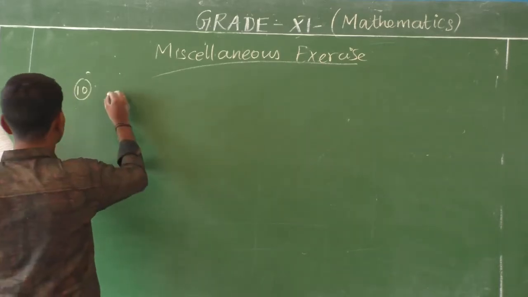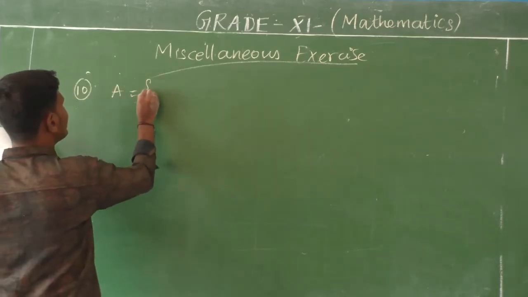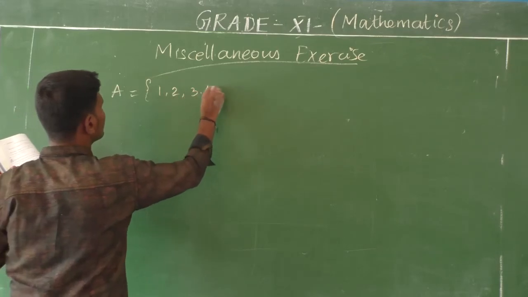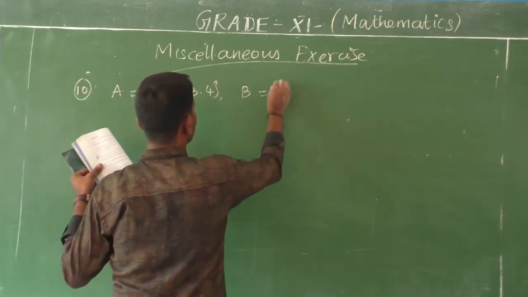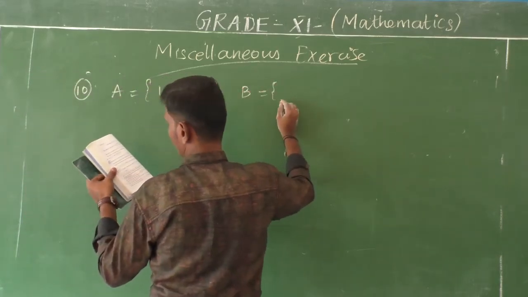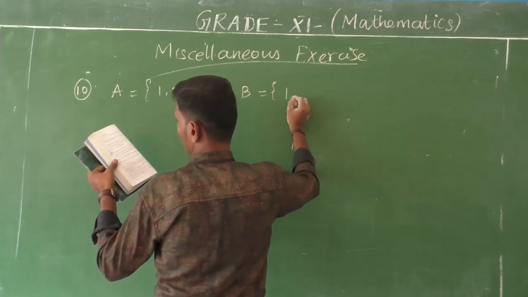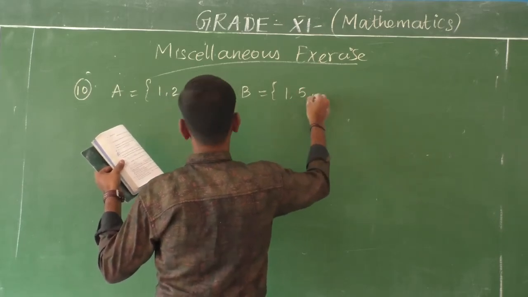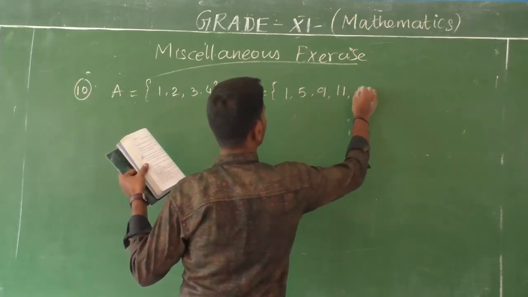The 10th question is given as A is equal to {1, 2, 3, 4}. Then B is equal to {1, 5, 9, 11, 15, 16}.